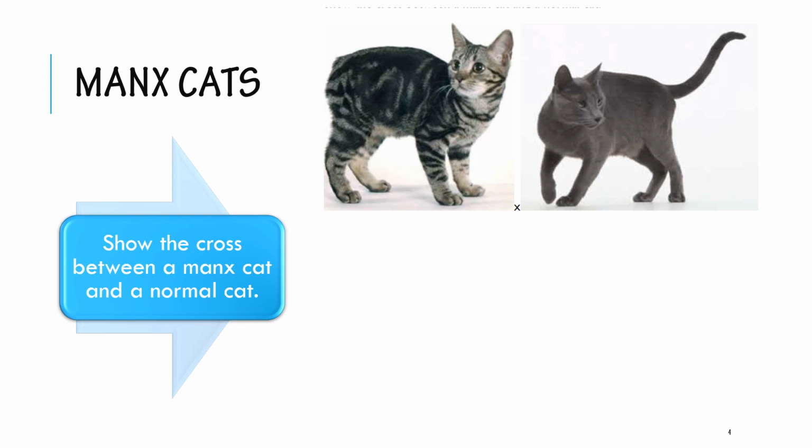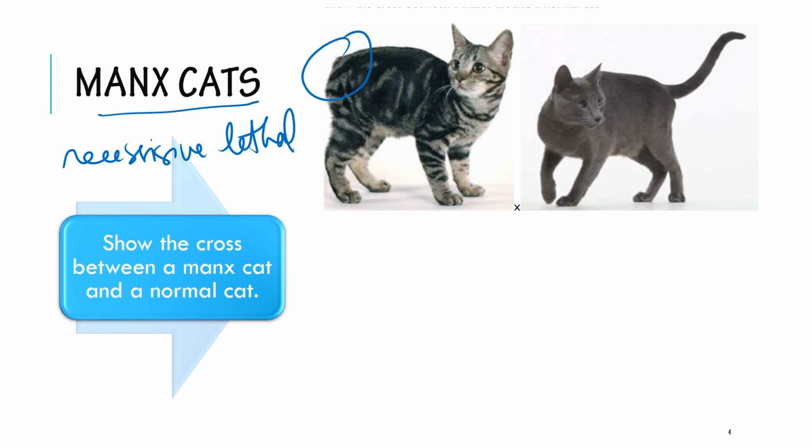In this case, Manx cats are also an example of a recessive lethal gene. So Manx cats, who possess a heterozygous mutation, will have no tails or a shortened tail. This is what we call Manx.